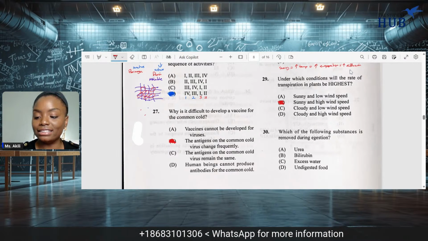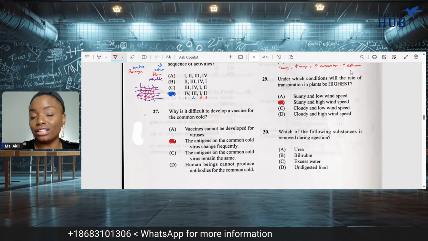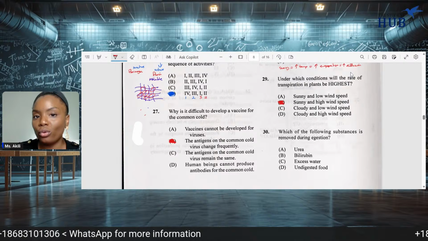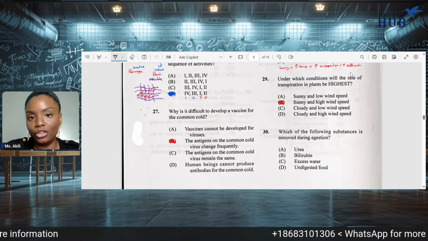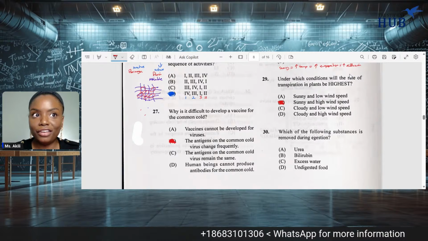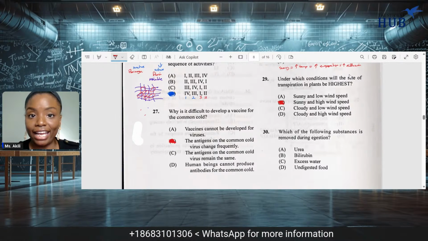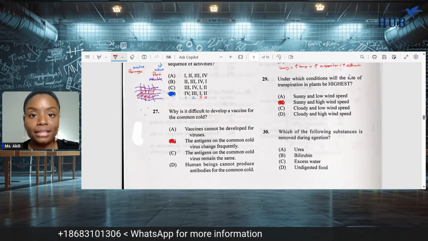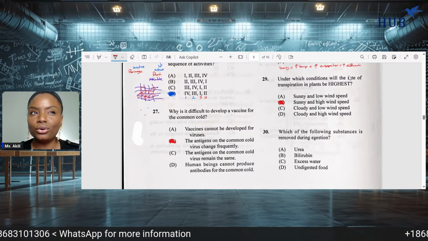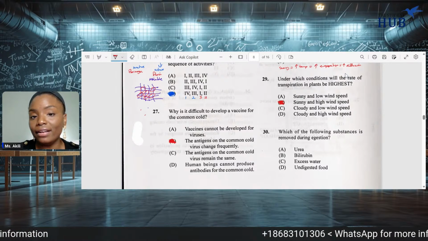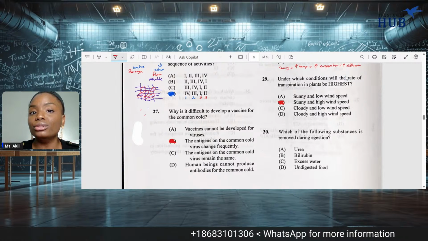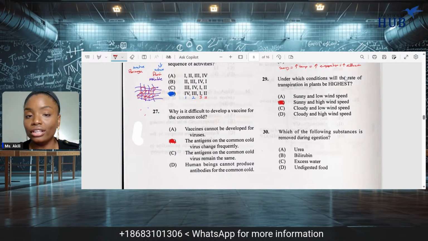Then the next thing is that when that water vapor diffuses out of the leaf, the air right around the leaves can increase in humidity, as in water vapor is continuously being added to the air right around the plant because it's diffusing out of the leaf. Diffusion is about differences in concentration.